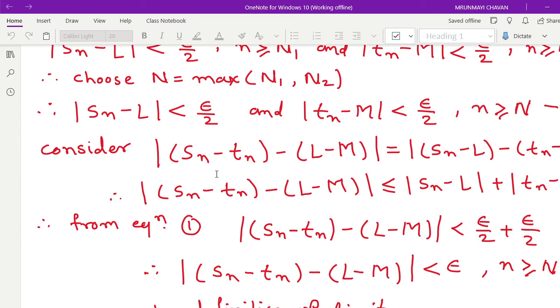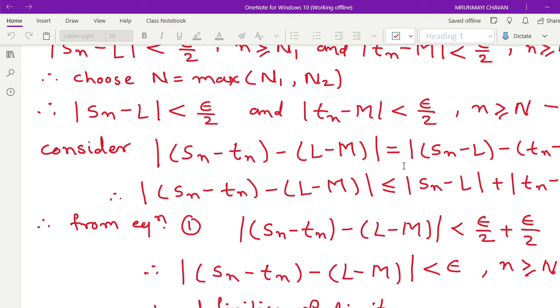Similar to that, we have to show that limit of Sn minus Tn is equal to L minus M. Therefore, this is the sequence Sn minus Tn and this is its limit. So we take the modulus, or absolute value, of Sn minus Tn minus L minus M.